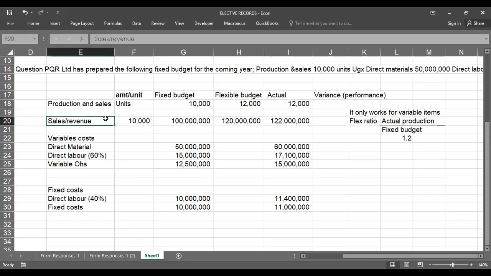For the sales in a flexible budget, if they didn't give you the selling price, they will give you the total sales and the number of units. To get the amount per unit, you divide the total sales by the number of units sold, and you have this as 10,000. If it is 10,000 per unit and our units are now 12,000, how much should it be? You get 10,000 times 12, and you get the same answer, 120.